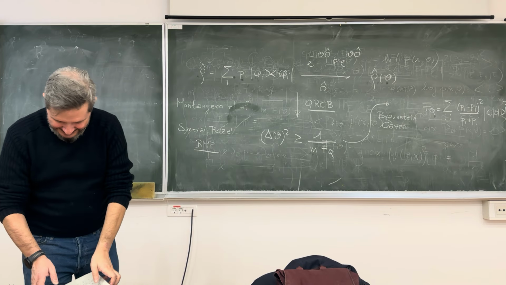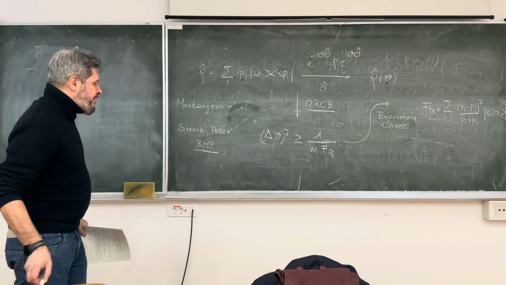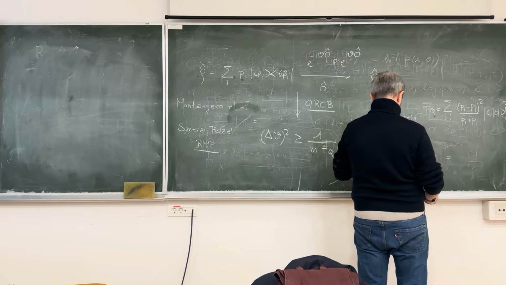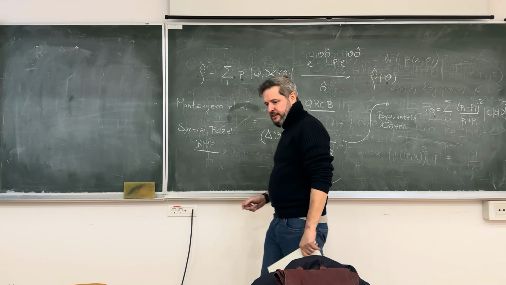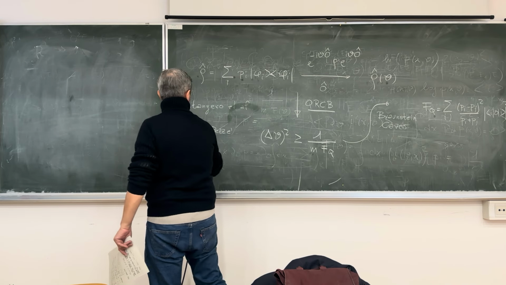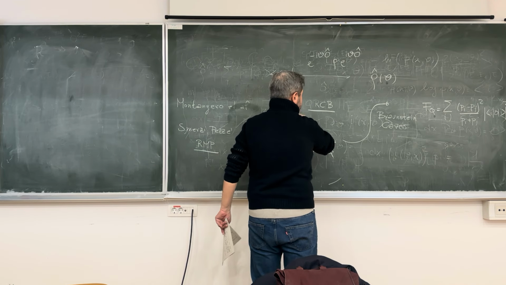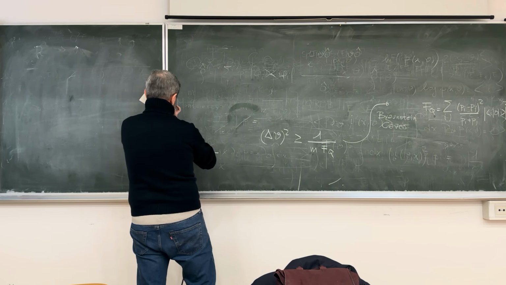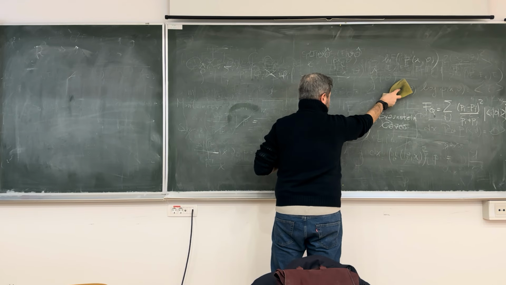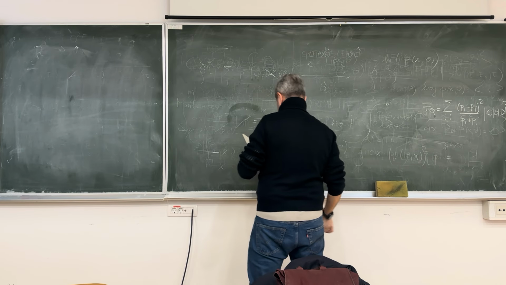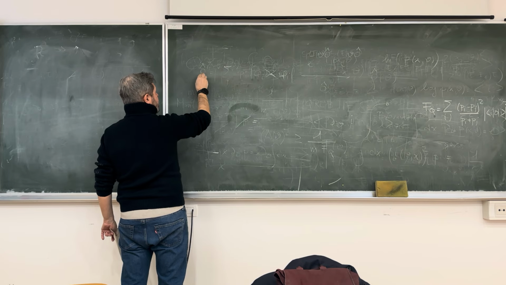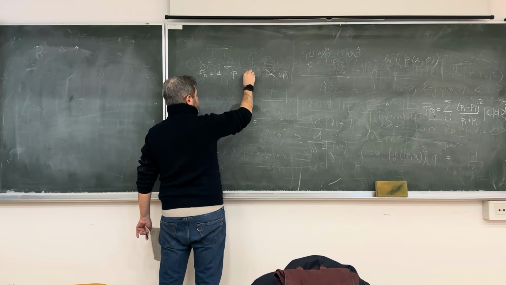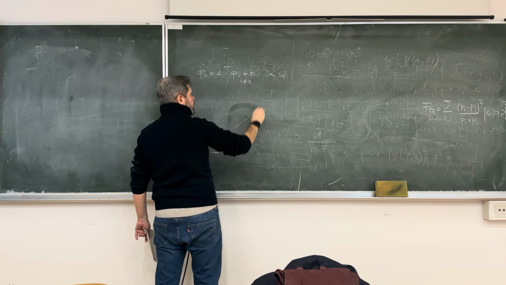Okay, good, excellent. All right, so another example you can work out is what happens when the temperature is 0. So when you're dealing not with a density matrix, but with some state. So imagine that P0 is equal to 1 and Pi is equal to 0 for i not equal to 0, right?